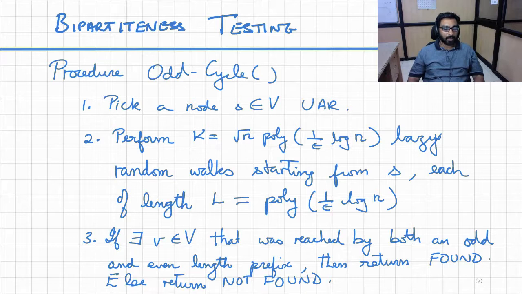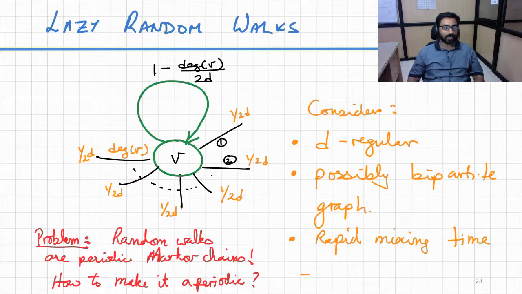Now let's go back to the notion of lazy random walk. What we're counting as the length of the walk is the actual number of steps taken, excluding these self loops that we have over here.